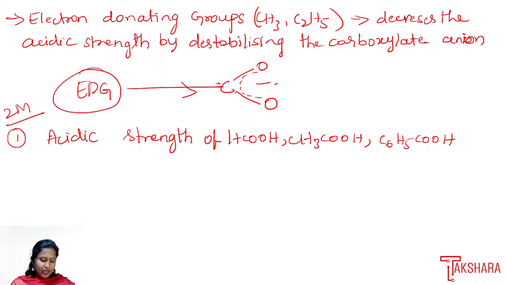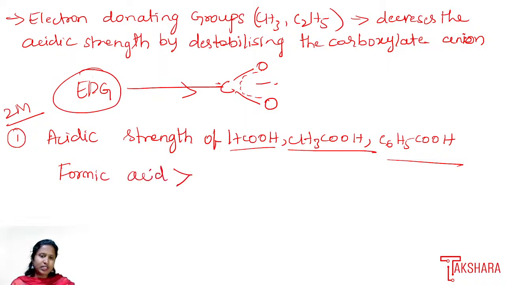Okay, so these acids, formic acid, acetic acid and benzoic acid, the order of the acidic strength will be, so first, formic acid will have more acidic strength than the benzoic acid, than the acetic acid. See, for acidic strength, if we know the values, we can give the values as a reason.